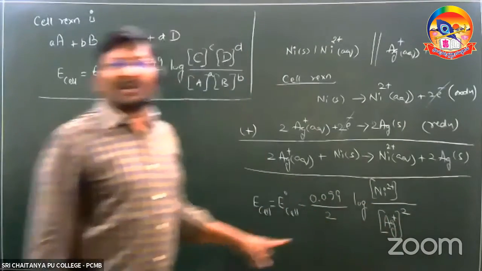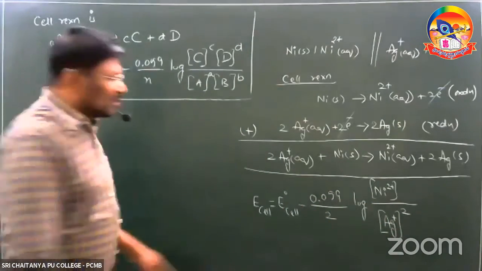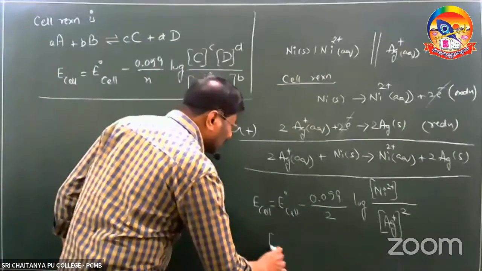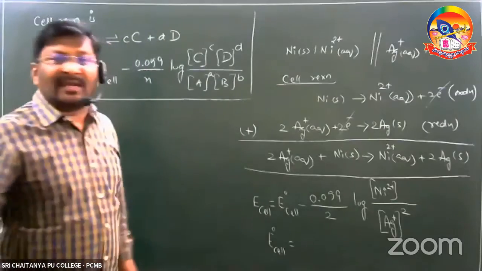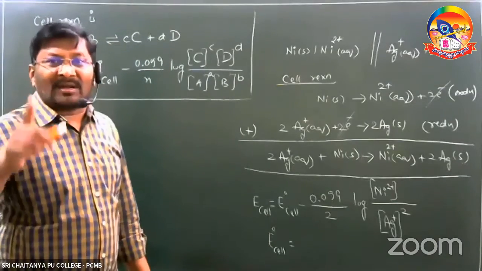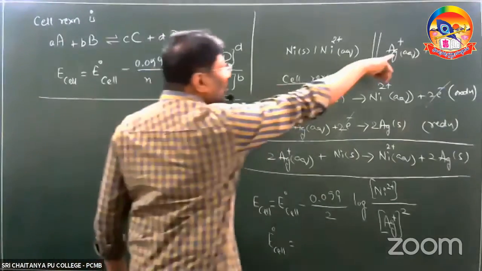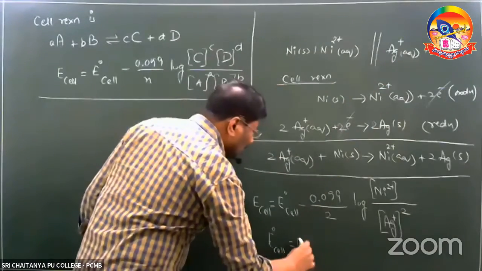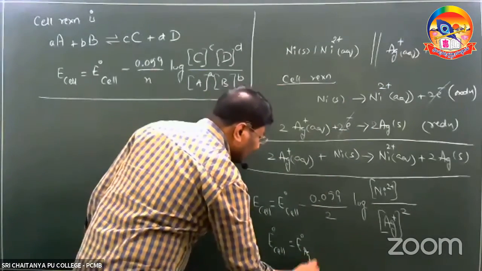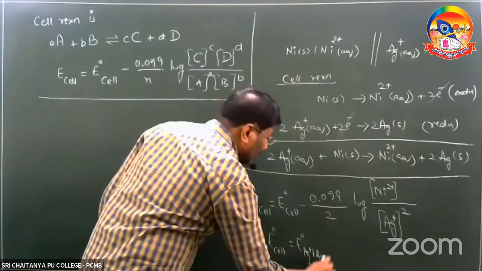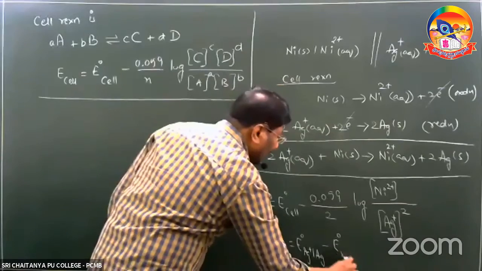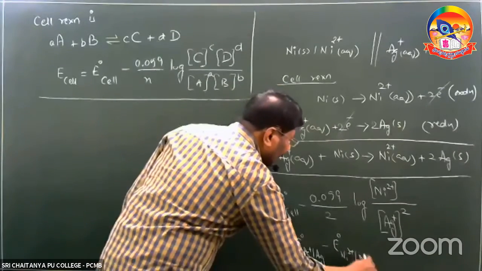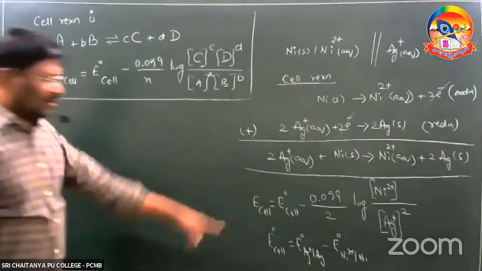Now E naught cell. What is E naught cell? E naught cell is E naught cathode minus E naught anode. E naught cathode is silver, so E naught Ag plus Ag minus E naught Ni2 plus Ni. Please remember like this.